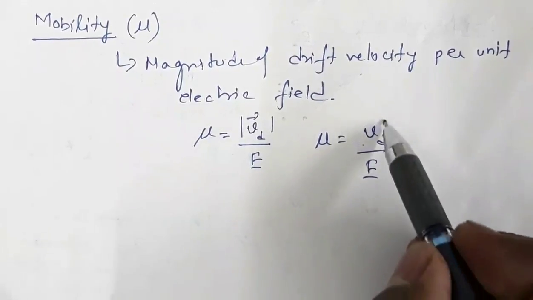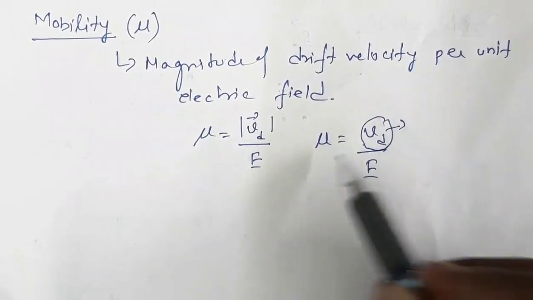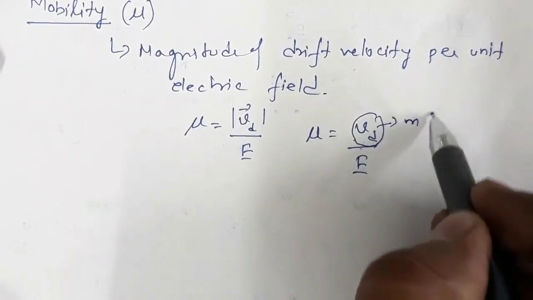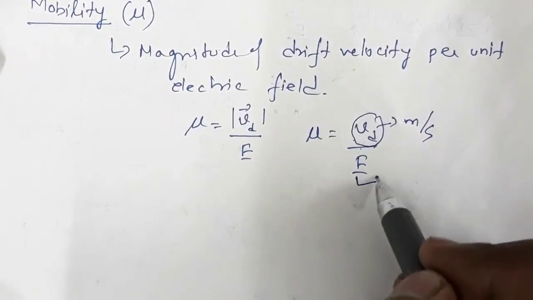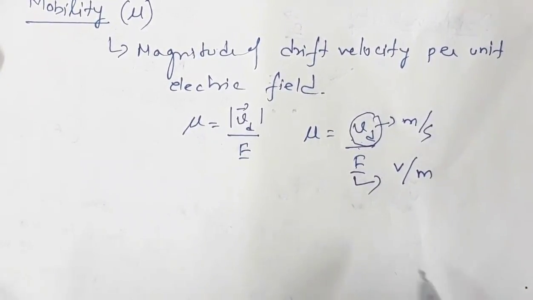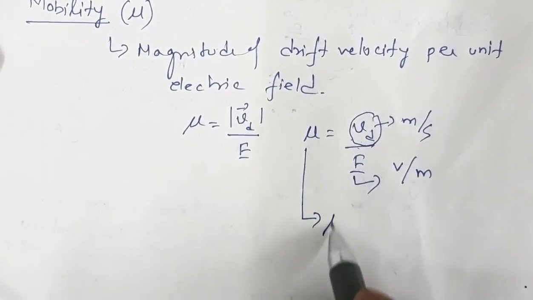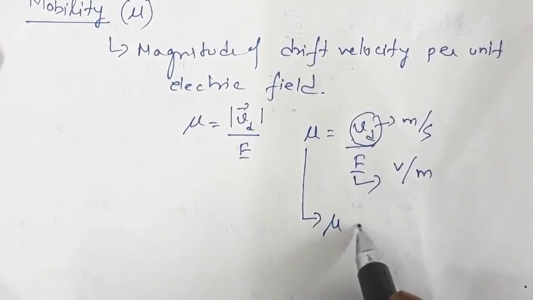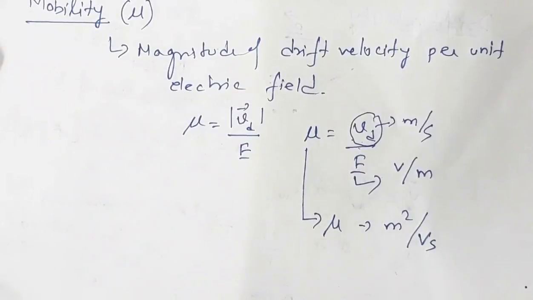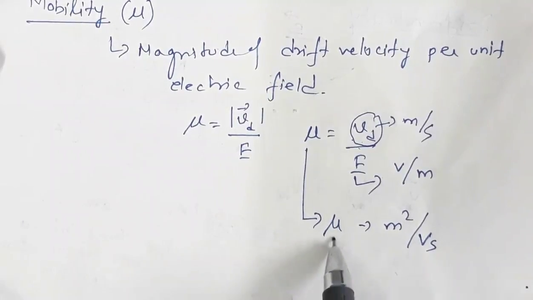Now if we see the unit of mobility, drift velocity is meter per second and electric field is volt per meter. So the unit of mu, or mobility, will be meter square per volt second. And this mu is a positive quantity. Mu is always positive.